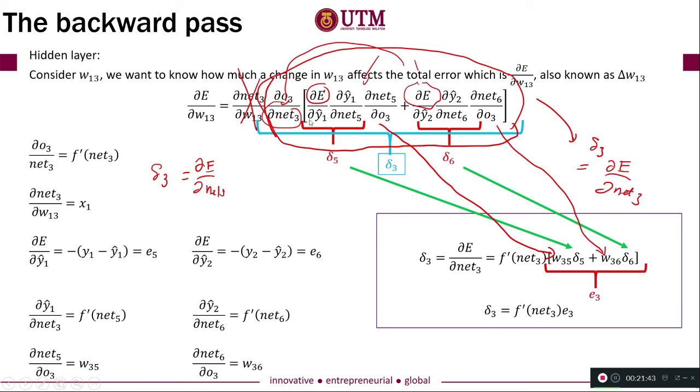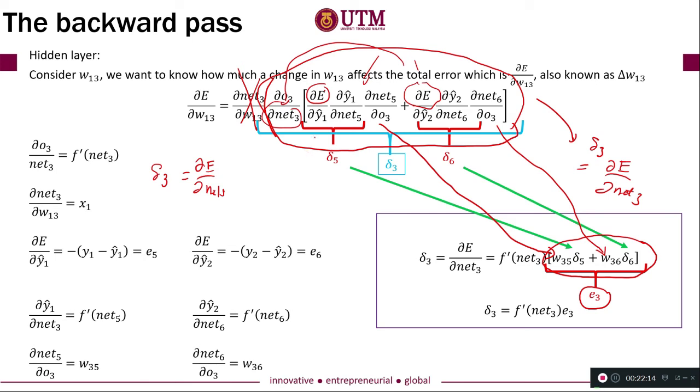So now this component, both components here, I try to define as the local error happening in node 3, which is E3, and then this F apostrophe net 3, where does it come from?